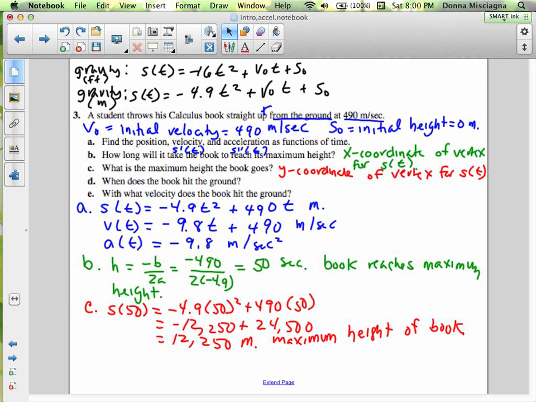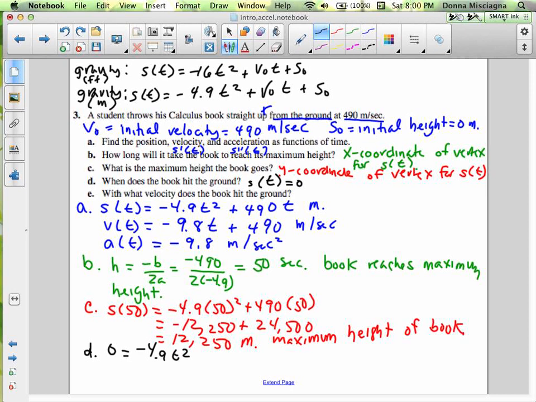And so, when does the book hit the ground? Here we are looking for when s of t equals 0. This is a pretty easy solve. So 0 equals negative 4.9 t squared plus 490 t.